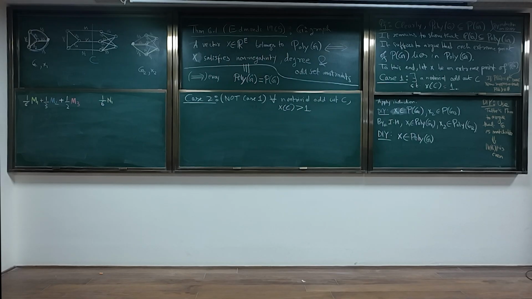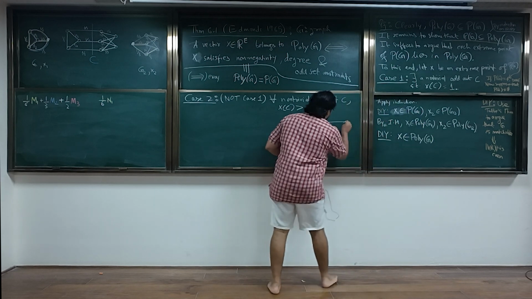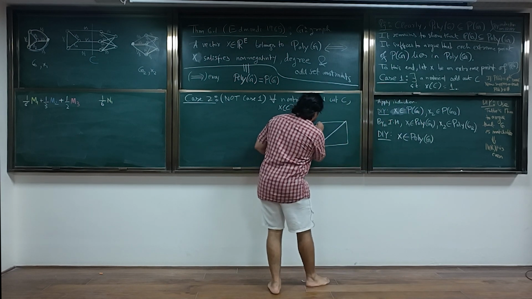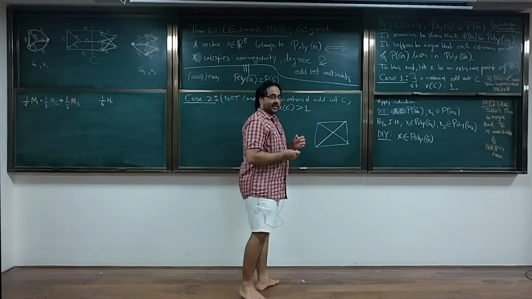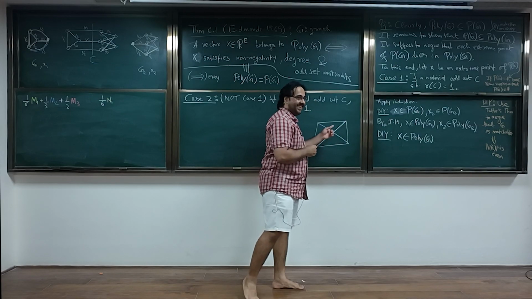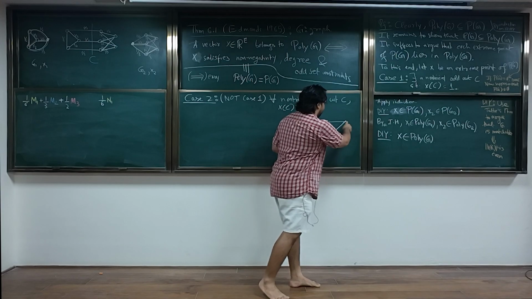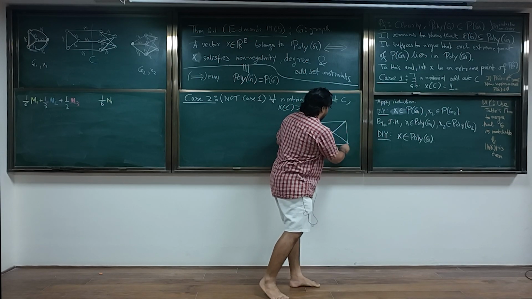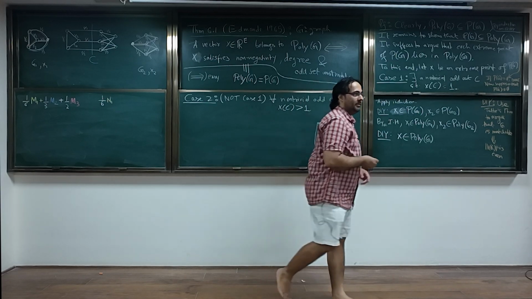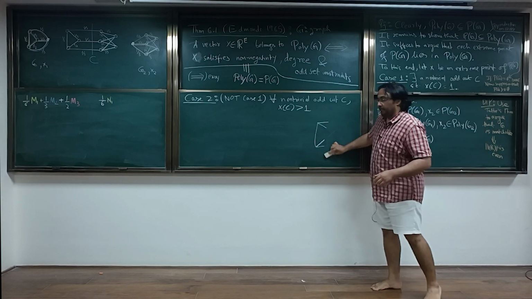What Ravindra is saying is, for a square, definitely, that makes sense. My square is not a perfect square, but if it is, then this point can be written as half times this point plus half times this point, or it can be written as half times this other point plus half times that other point. Good, thank you. So clearly in the case of simple geometric objects, this statement is false.